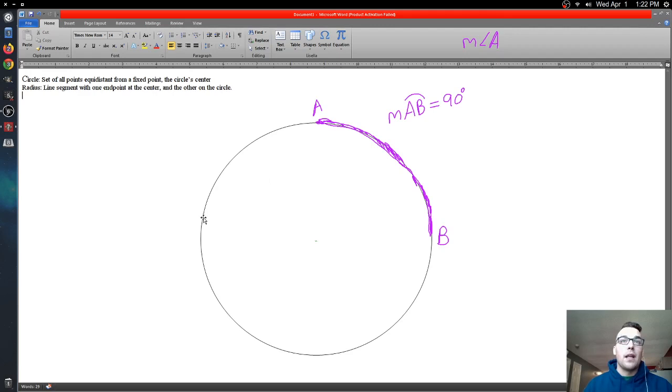Versus if I then placed in this point here, called it C, and if I asked you, give me the measure of arc ACB, well, to go from A through C through B, I'll just subtract that 90 from 360, a 270-degree arc.